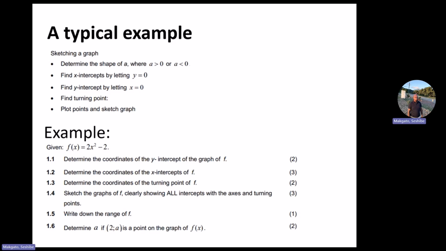When it is positive, in most cases it will be facing up, and when it is negative, it will be facing down. Having defined the shape of whether it's going this way or this way, you will be able to find your x-intercept by letting your y be 0, and likewise, to find the y-intercept you let x be 0, and then you find the turning points.